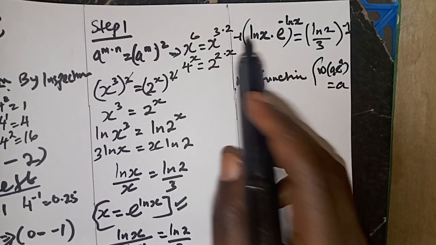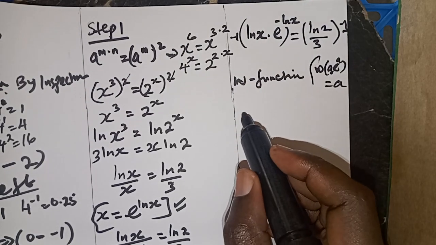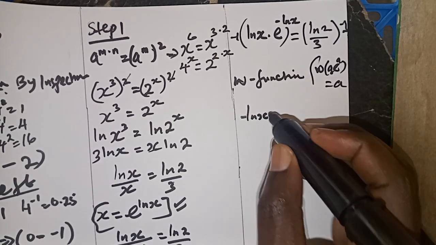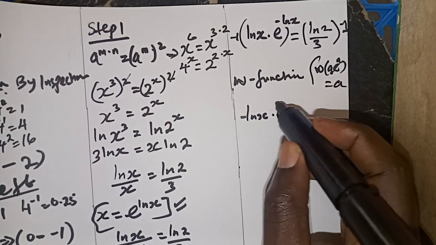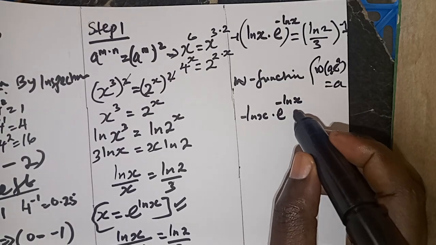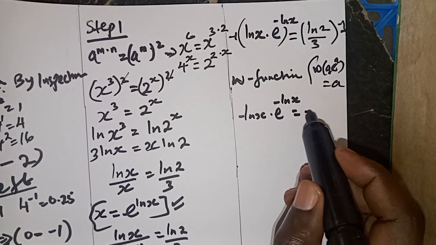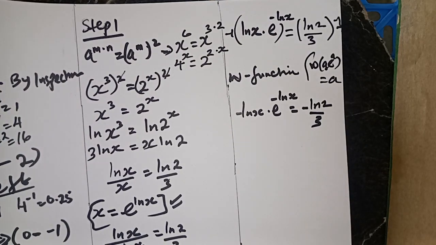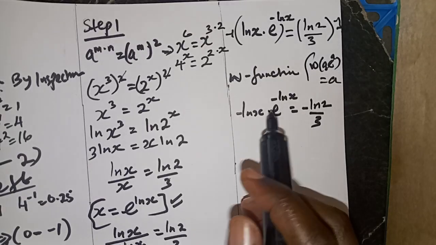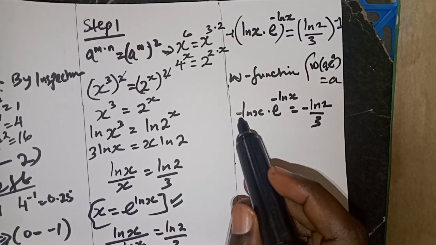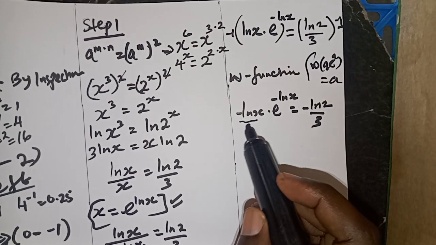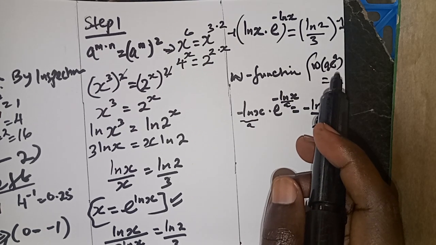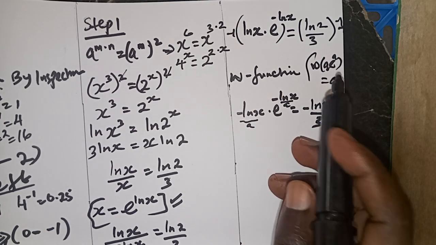By multiplying by negative, I have negative ln of x multiplied by the exponent of negative ln of x equals the negative of ln of 2 divided by 3, just taking the negatives on both sides. Now I'm going to call this a, and this one is also a, according to the W function.